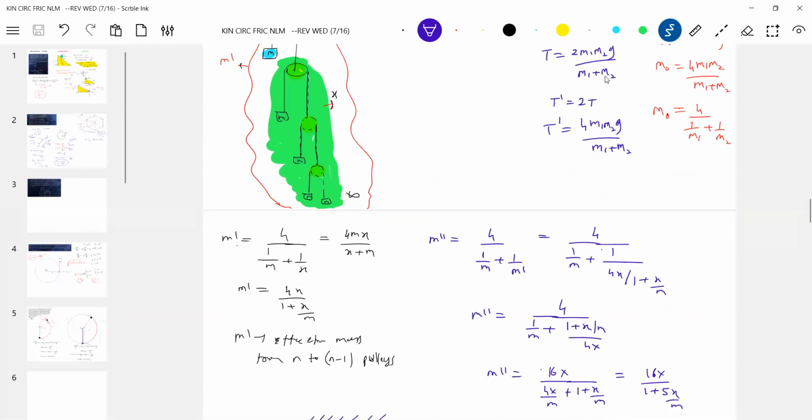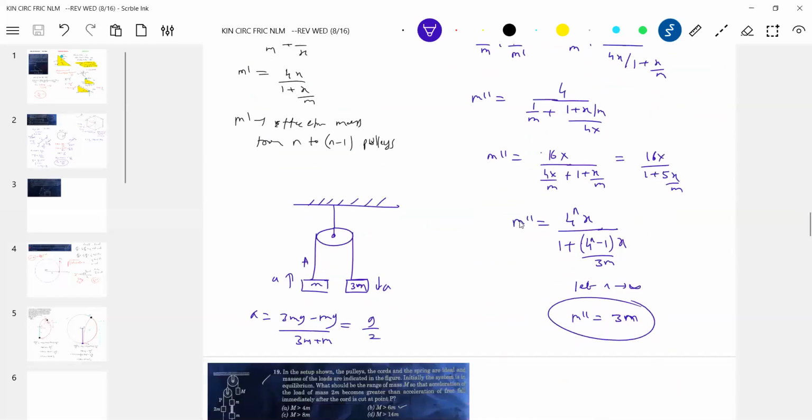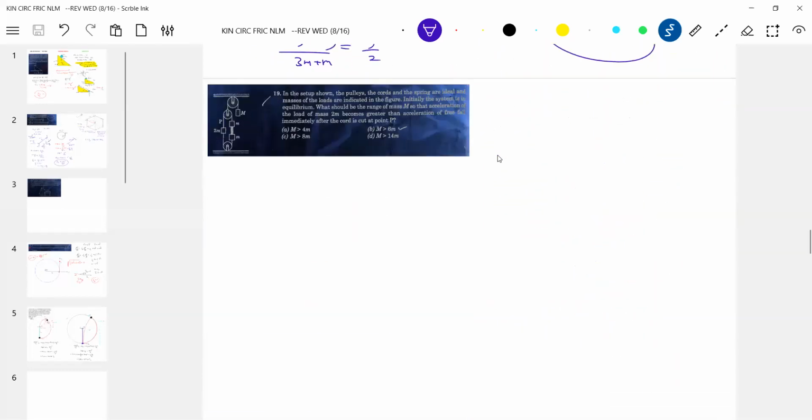Infinite wedges, infinite pulleys, infinite springs, infinite ladder network we have seen in current electricity, can happen here also. Okay, let's take this one. Okay, now some spring cutting.